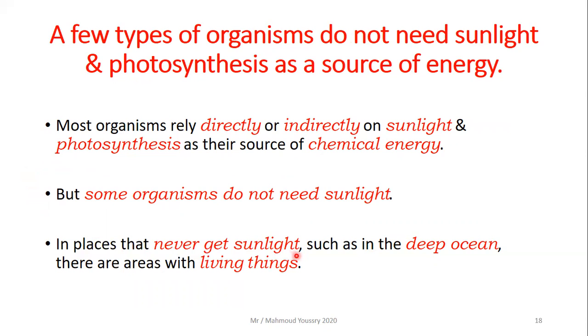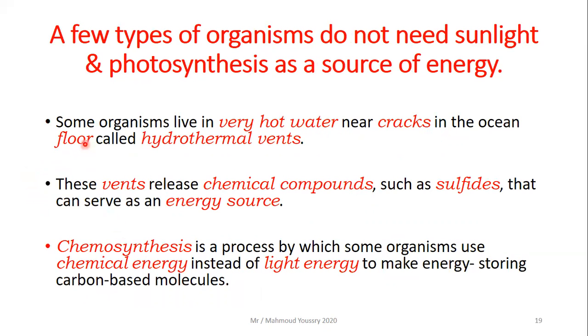In places that never get sunlight, such as the deep ocean, there are areas with living things. How come? Let's see. Some organisms live in very hot water near cracks in the ocean floor, called hydrothermal vents. These vents release chemical compounds such as sulfides that can serve as an energy source.